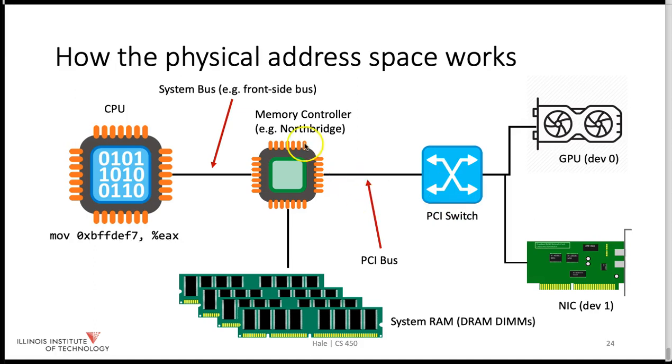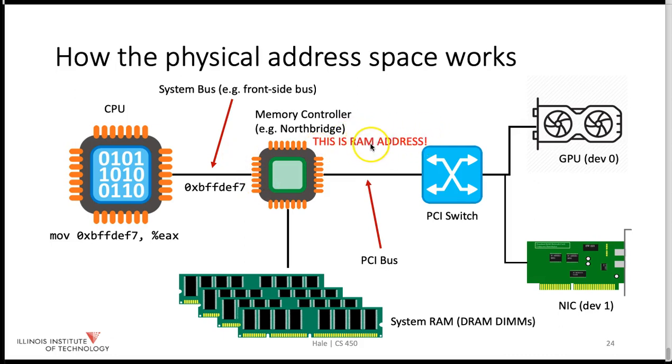So say I have on my CPU some instruction which says mov some data at this physical address and put it in a register. In this case I'm saying put it in register EAX. So that means this physical address is going to go out the back end of the CPU on the front side bus, and the memory controller is going to see that address and say, you know what, this is RAM.